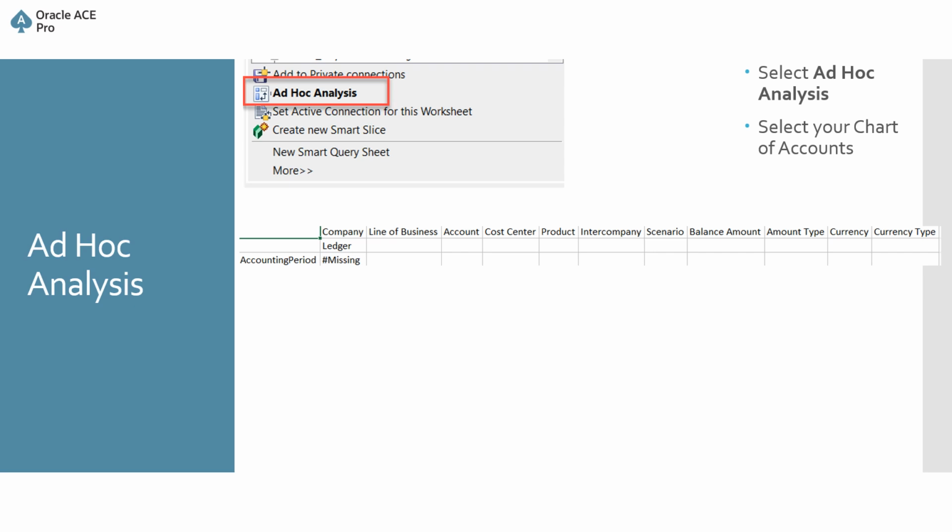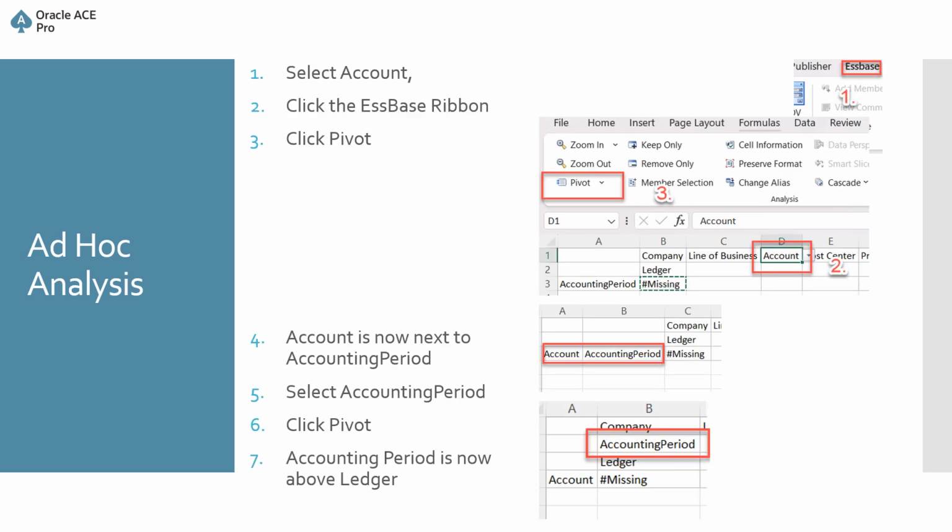The main thing to remember on an ad hoc analysis is that when you come in, you have to select some first things. So we're going to talk through a couple of different ways, the way that I like to structure the data on this particular page. The reason I like to structure the data that way is because this is really an accounting analysis, and it's just the way that my mind thinks. It's not the way that you have to do it, but it is the way that I typically will do it.